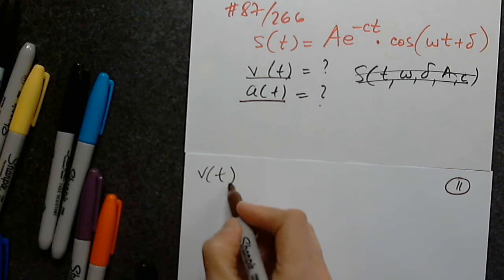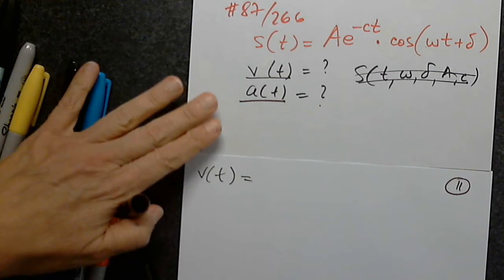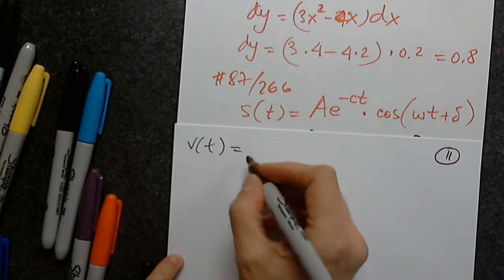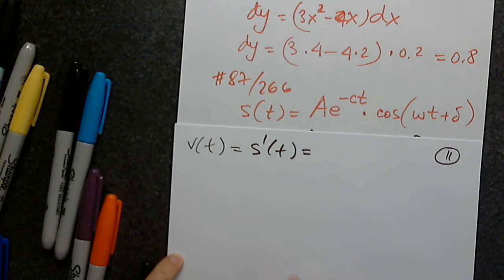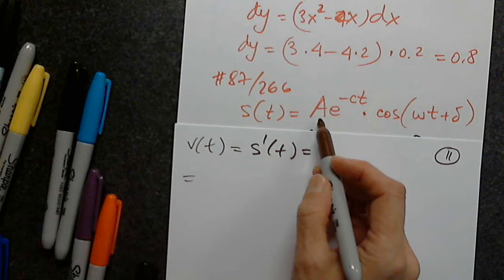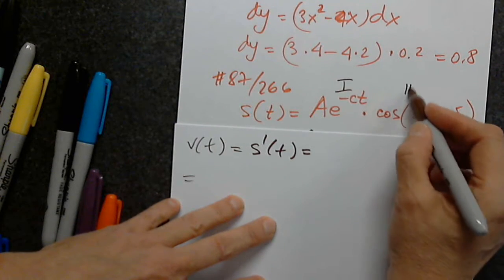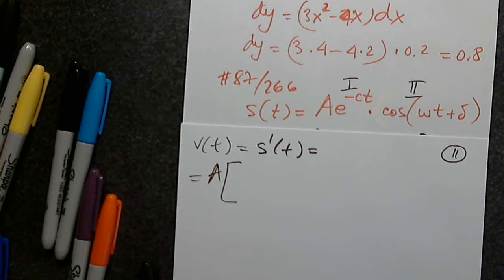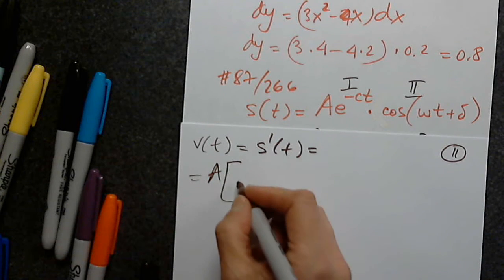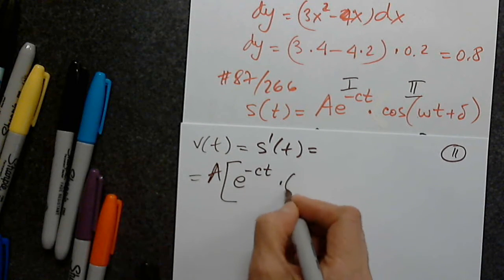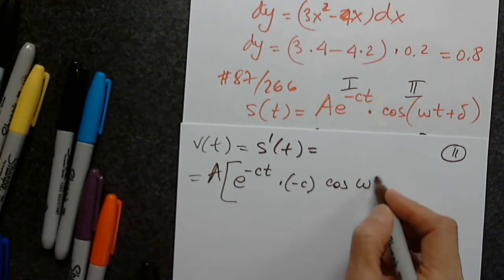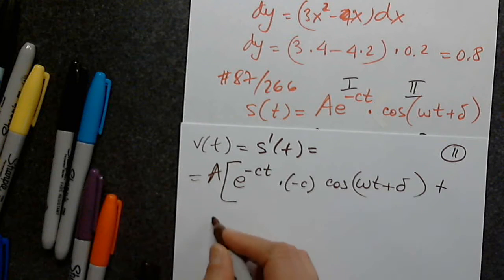Okay, so let's work on v of t together. So s of t is given to us, so then v of t is s prime of t. Agreed? Very good. So there is a constant outside. This is the first function and this is the second function. I do not have to worry about a. A is a constant, stays outside. I differentiate the first function, I get e to negative ct times negative c, multiplied by cosine omega t plus delta, plus.